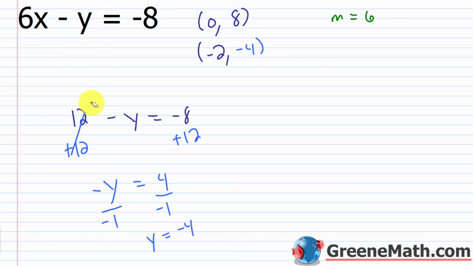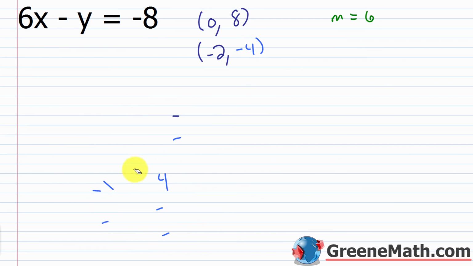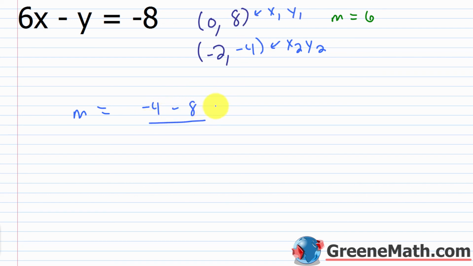So again, let's use our slope formula now. And we'll label each point arbitrarily. Let's say this is x sub 1, y sub 1. This is x sub 2, y sub 2. So I use my formula. m equals y sub 2, which is negative 4, minus y sub 1, which is 8, over x sub 2, which is negative 2, minus x sub 1, which is 0.